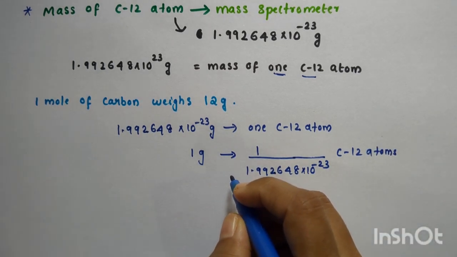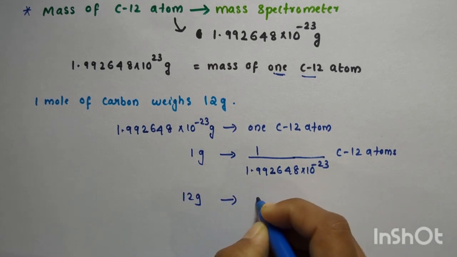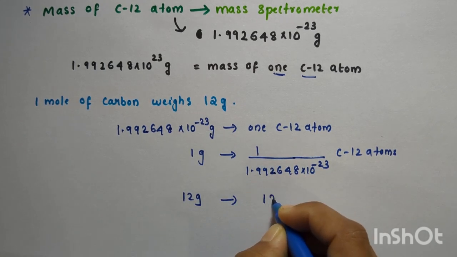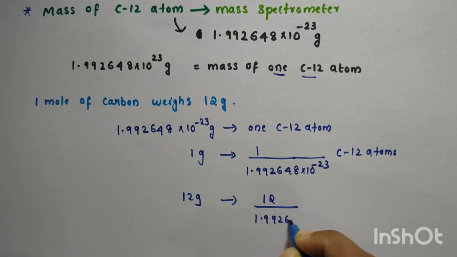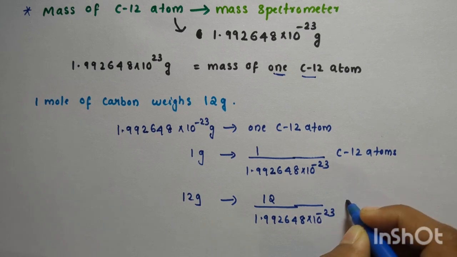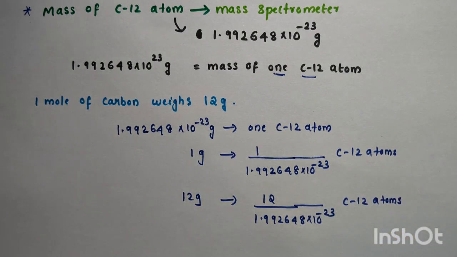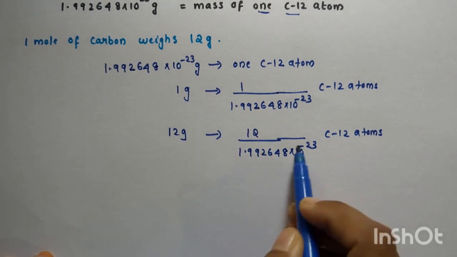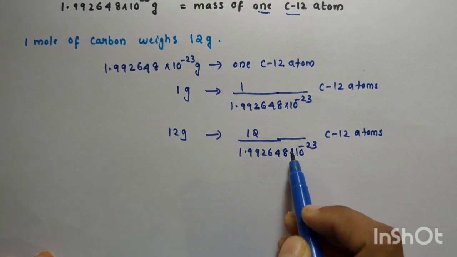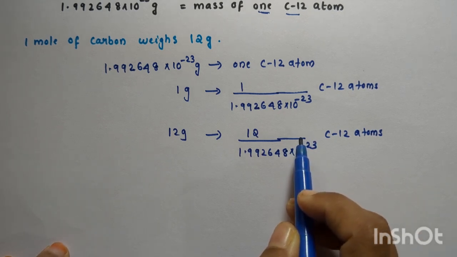Then in 12 gram, there will be 12 times this value, that is 12 divided by 1.992648 × 10^-23 carbon-12 atoms.